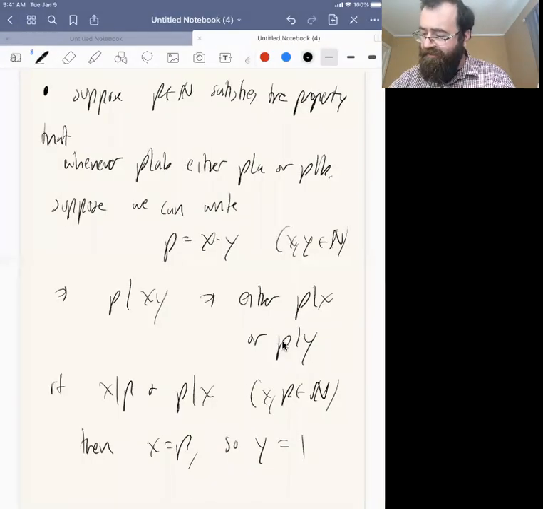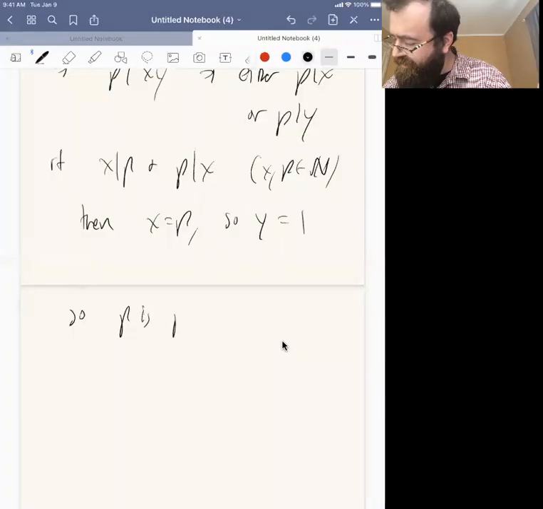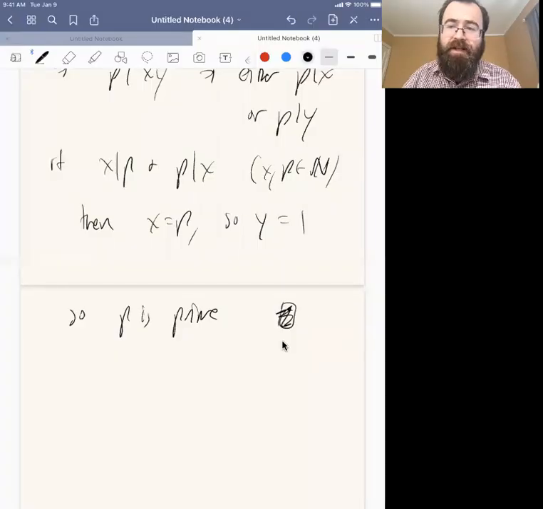So if P is XY, then one of the two factors is P and the other one is 1, and that's saying that P is prime by our usual definition. There are no non-trivial divisors of P other than P itself and 1. So P is prime according to the original definition of prime, and we've got our if and only if. If P is prime, it satisfies this funny dividing condition, and conversely, any natural number that satisfies that condition must certainly be prime. Okay, so that's the first corollary.